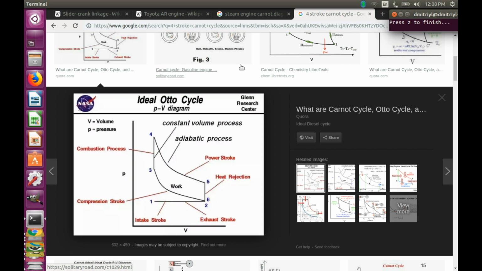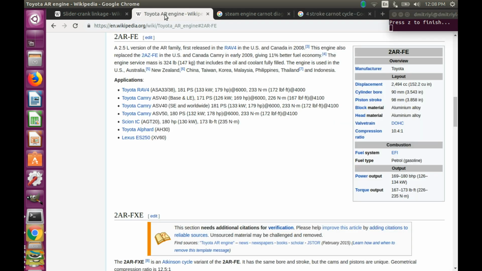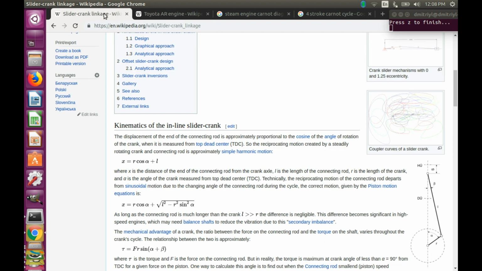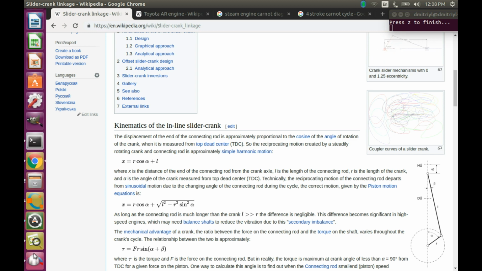To do that, we would need to look up the engine parameters such as the piston stroke, displacement, and also implement the slider crank model that will identify the piston position, from which we can then calculate the volume in the cylinder.